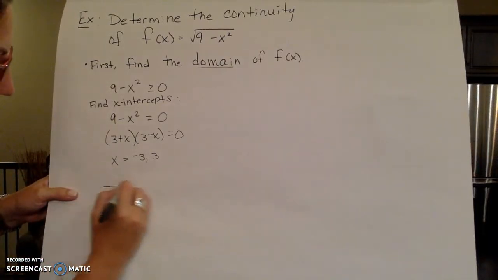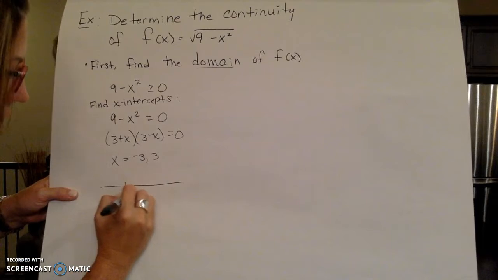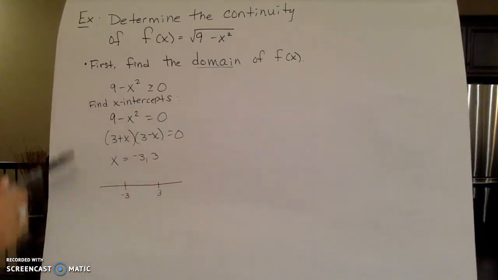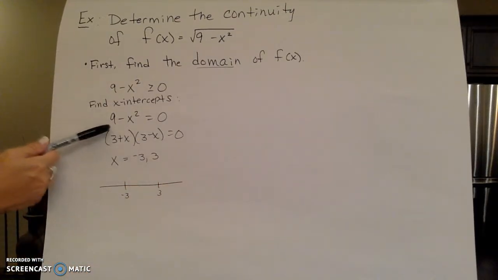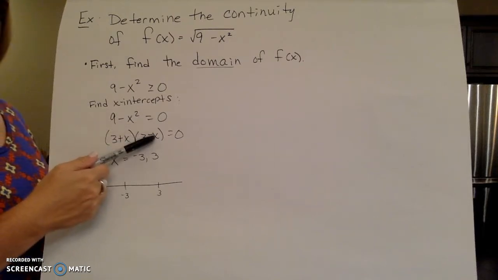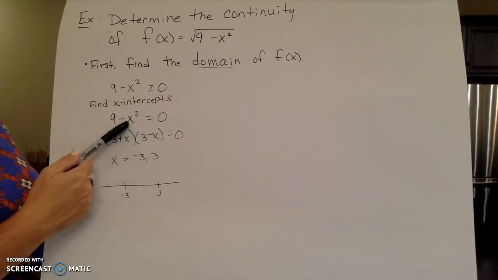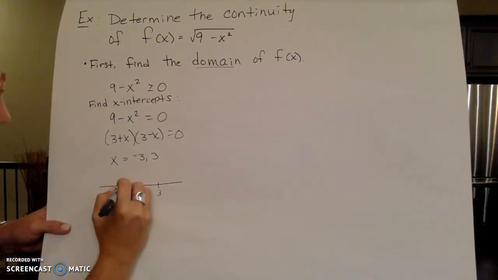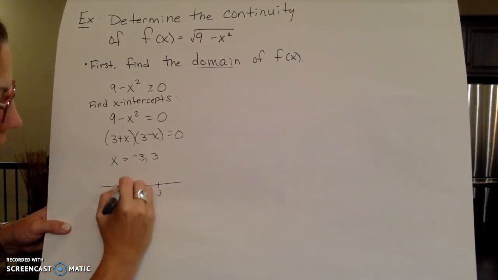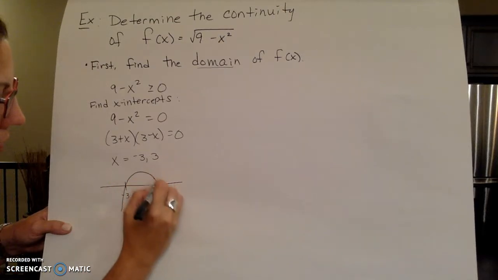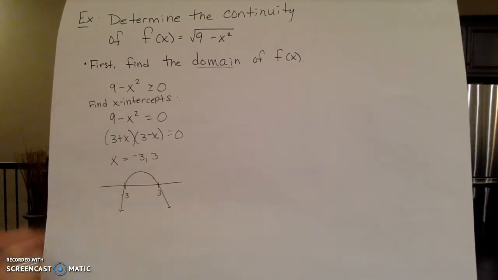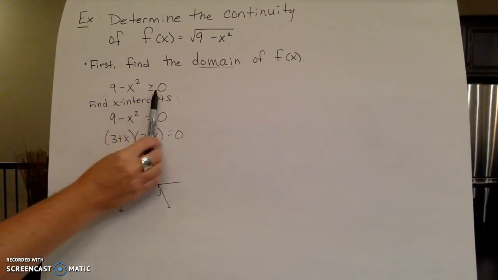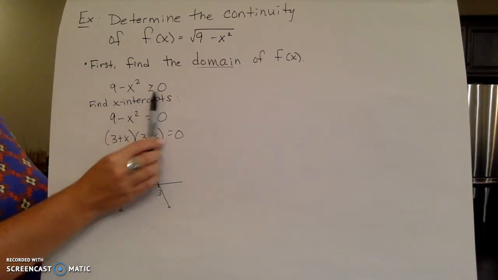Those are our x-intercepts. Now, if we just think about what this graph would look like, this is a parabola. This parabola opens down because we have a negative x squared value here. So it's going to open down, and it's going to cross the x-axis at these values, right? So it does something like this. We don't really care. And we wanted to know, where is this function positive? Where is it non-negative?